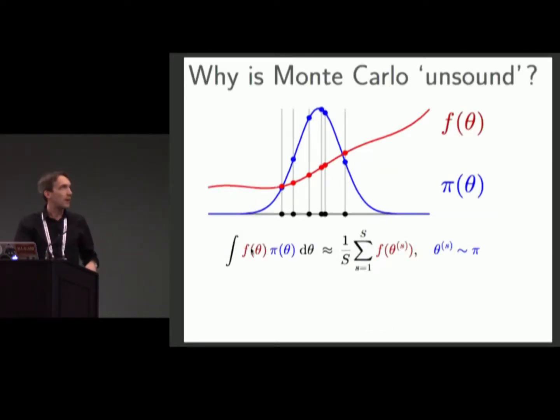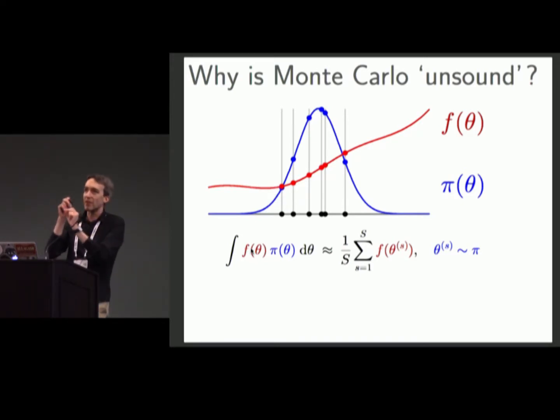So here's a textbook figure of how Monte Carlo works. You can see in the middle that we've sampled these points along the x-axis, and then we evaluate the function that we're integrating and the distribution that we're getting our integral with respect to. And you can see there's a couple of points right next to each other. So one of his objections is you haven't learned anything new about the function.